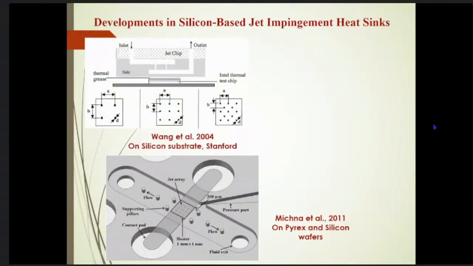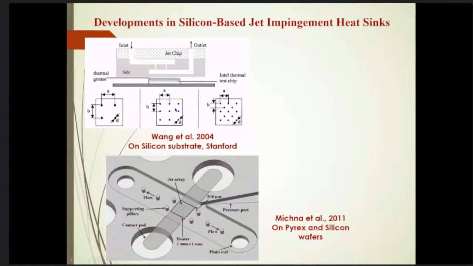Let's say this is your rectangular chip, and these black dots are the micro jets striking on the chip surface, and the chip surface is getting cooled. This way we can minimize the temperature gradient to some extent.